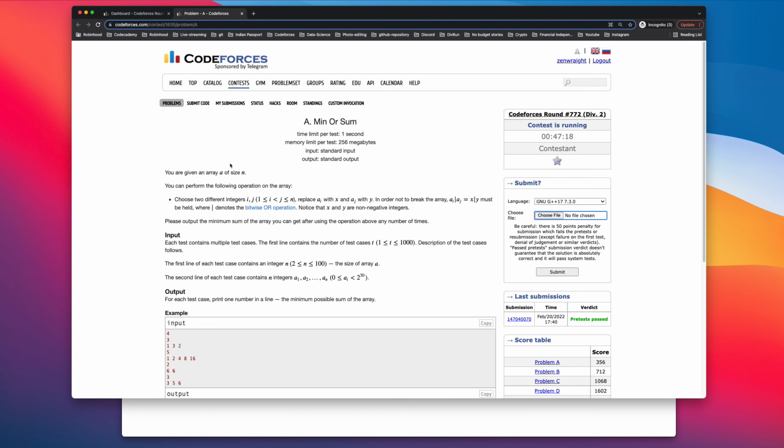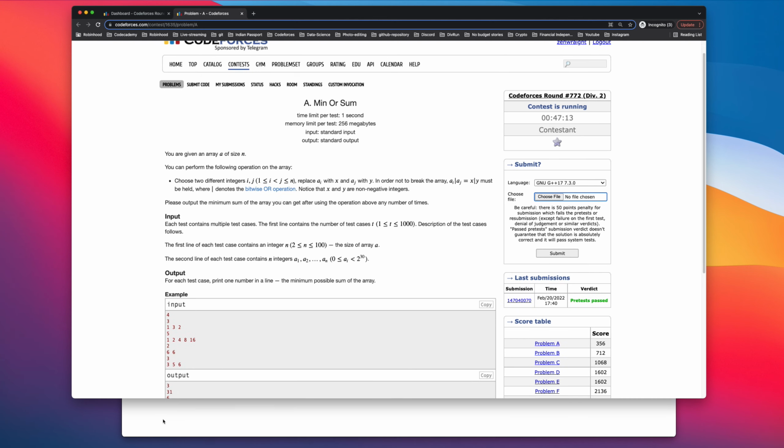So the first problem says Min Or Sum. The problem states something like this.